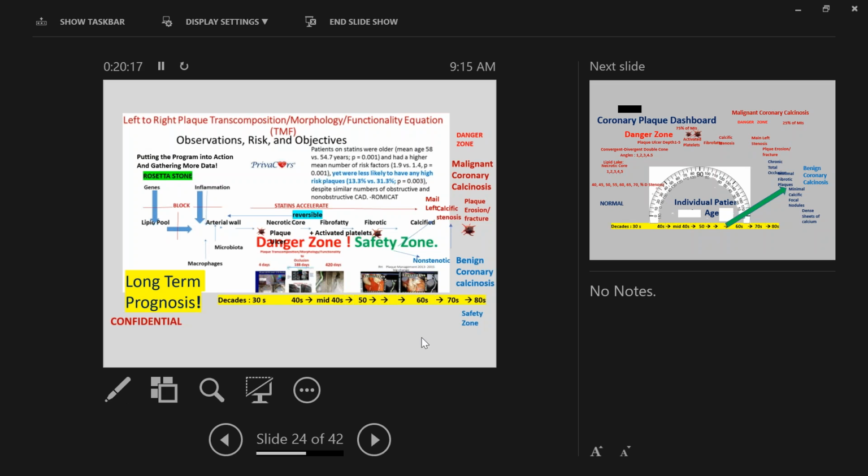This is a composite of 5,000 patients that we've had plaques and have analyzed them, and we've been able to sort of establish in decades of life what's going on inside the artery. So we call it the Rosetta Stone.